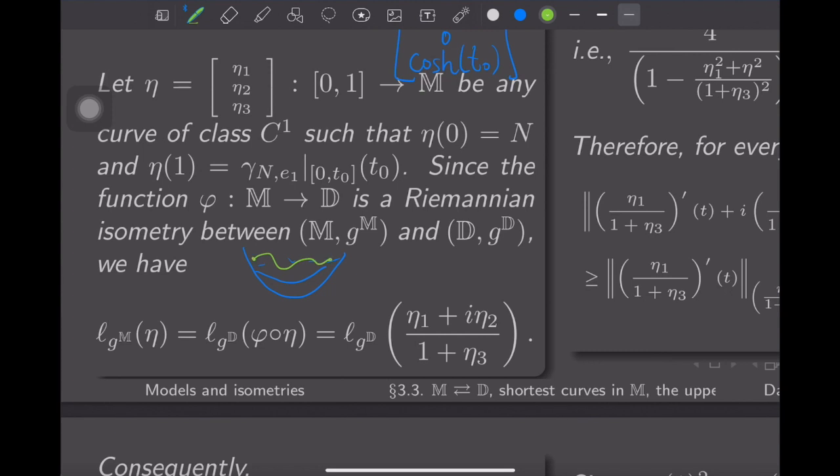And from the hyperboloid, I can map to the disk, which is sitting horizontally there. Let me write it in blue. Then this curve, I can just follow it by phi, and then I have some curve here. That's why I have to write eta followed by phi, and eta followed by phi would be this one.